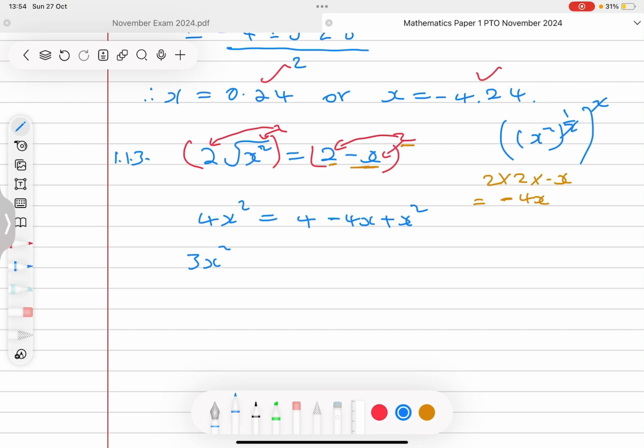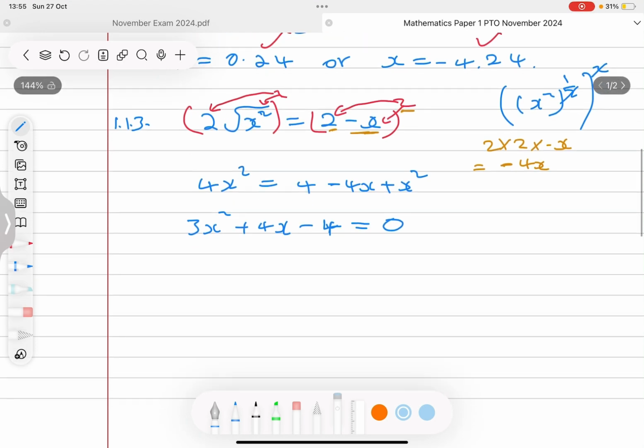Then I also take this minus 4x to this side. It will be a positive 4x. So I'll have a positive 4x. I take the 4 to this side, will be a negative 4. So I'll have a negative 4. And this will then be equals to 0 because I took everything to that side. I don't have anything left. I have a 0 that side.